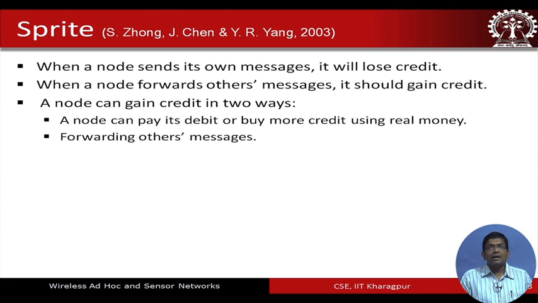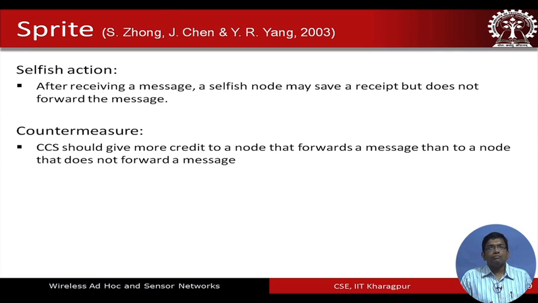A node can pay its debit or buy more credit using real money. So, basically using real money it can buy some credits, and by forwarding others' messages. These are the two different ways in which a node can gain credit, it can buy credit, or it can get more credit from the system.